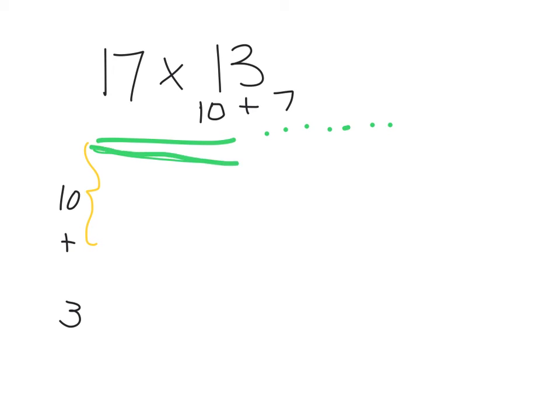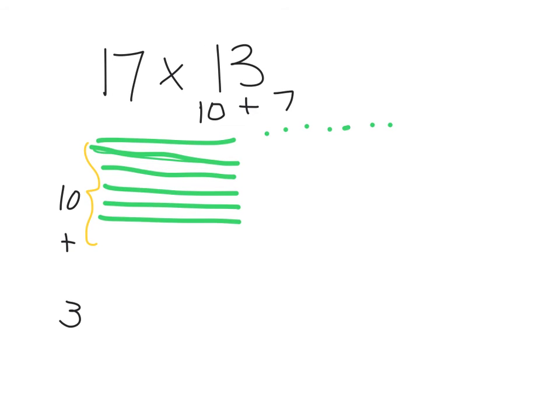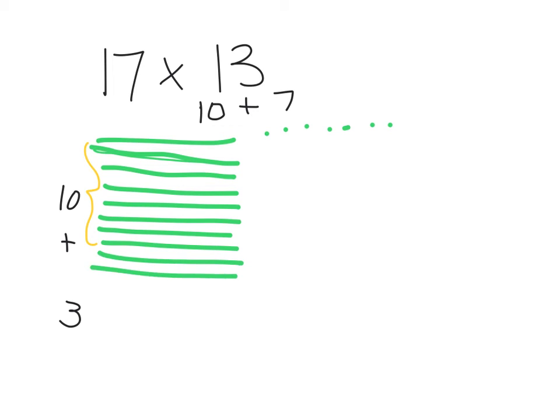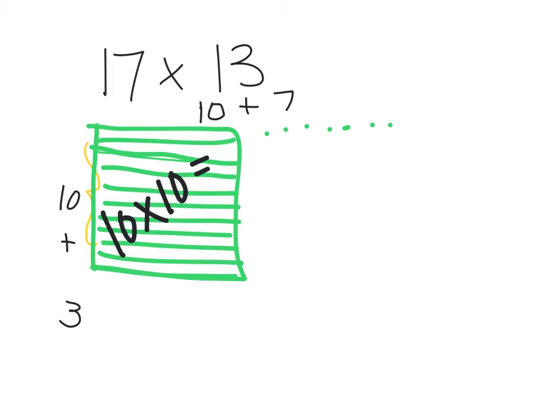So 1, 2, 3, 4, 5, 6, 7, 8, 9, 10. Ten groups of 10. 10 times 10, right? Is 100. So didn't I just make a 100 block right here? Yep. So really all this is 10 times 10 equals 100.